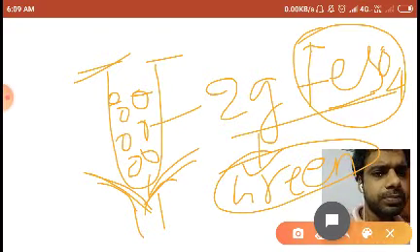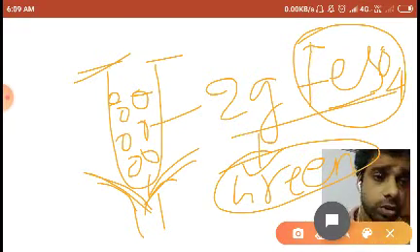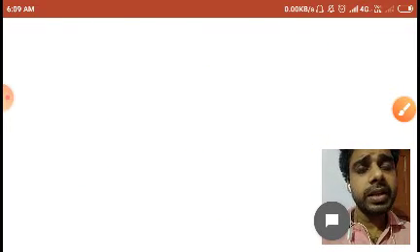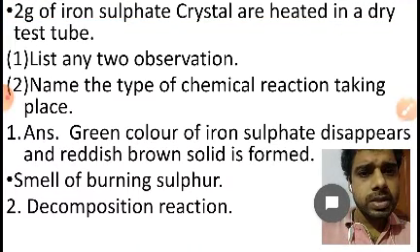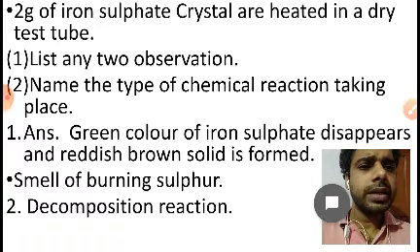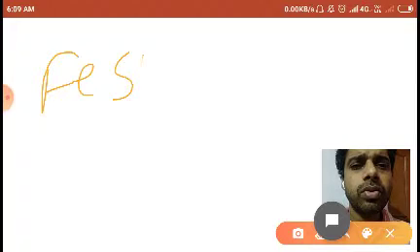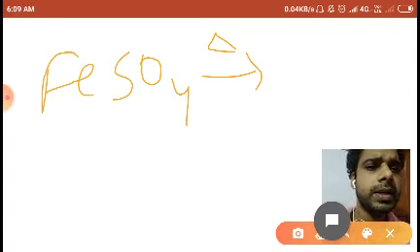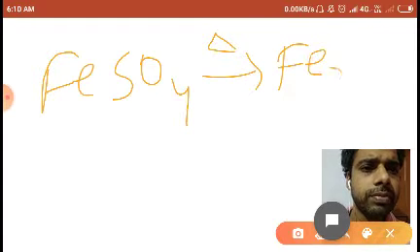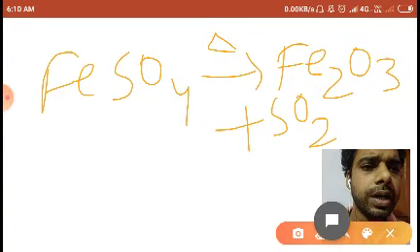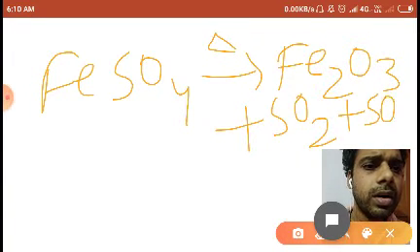In the question it is given: list two observations, and second, name the type of chemical reaction taking place. So I have to write two answers. I will write here FeSO4, heat, it will form Fe2O3 plus sulfur dioxide plus sulfur trioxide.